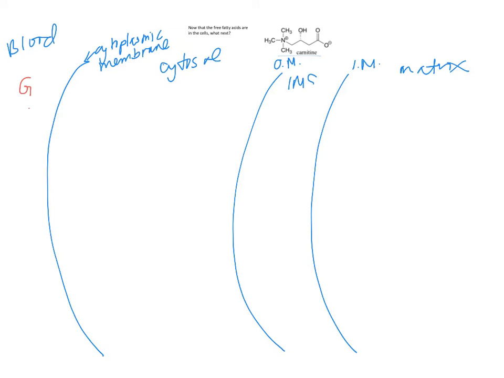Okay, so just as a recap, if you have glucose that comes from glycogen or your diet, it enters through a permease and then undergoes glycolysis to pyruvate. Get 2 of those.